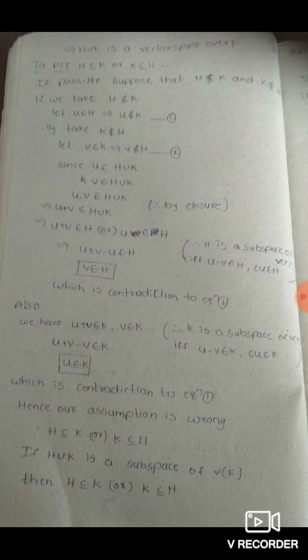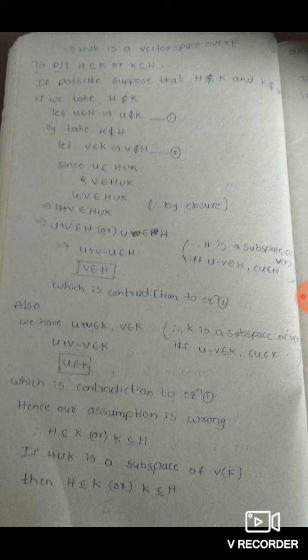Also we have u plus v belongs to k and v belongs to k. Then k is a subspace of v of f, so by the property of subspace, u plus v minus v belongs to k. The v gets cancelled, then u belongs to k.